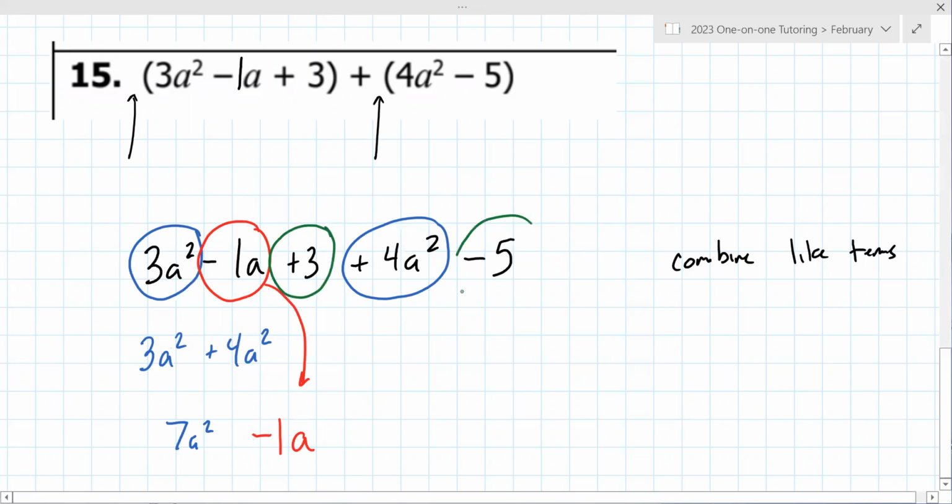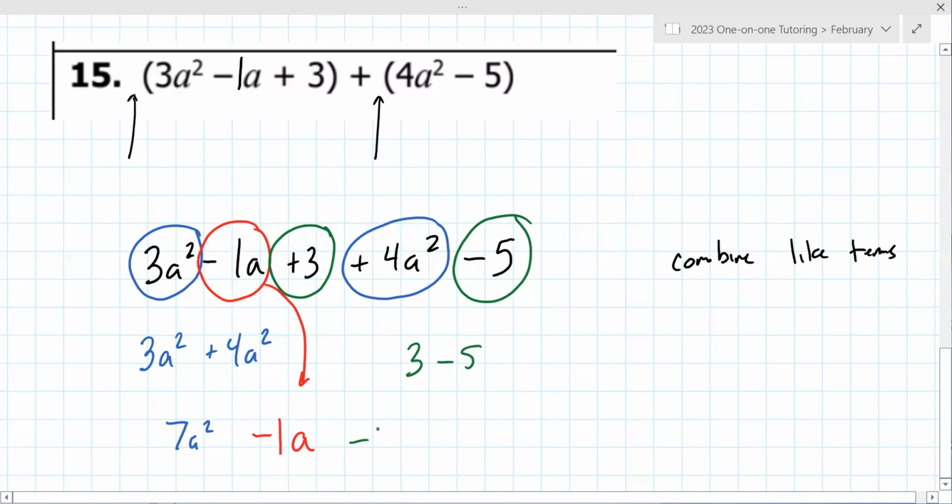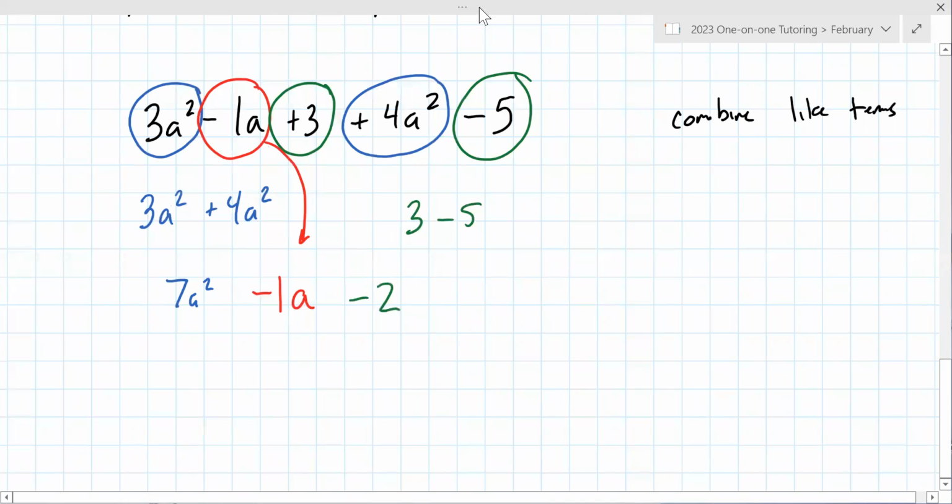Positive 3 minus 5. This is just the same. Okay, so what does that result in? Negative 2. That's right, negative 2. Good. So that's your final answer for number 15. 7a squared minus a minus 2.